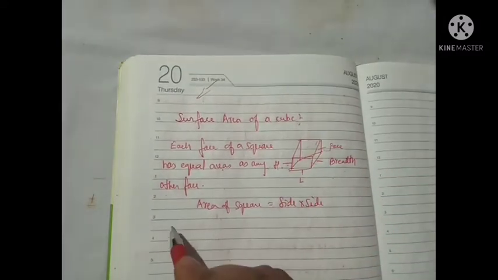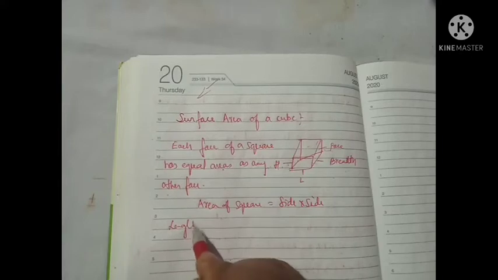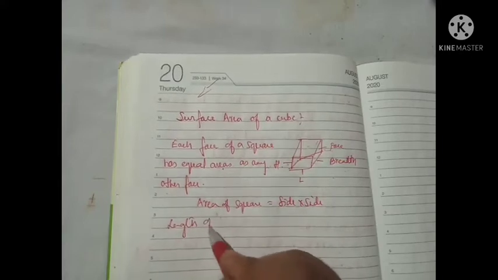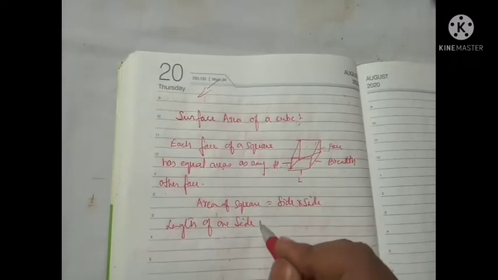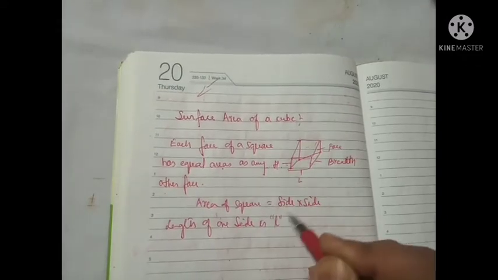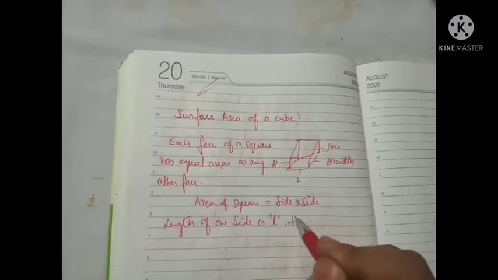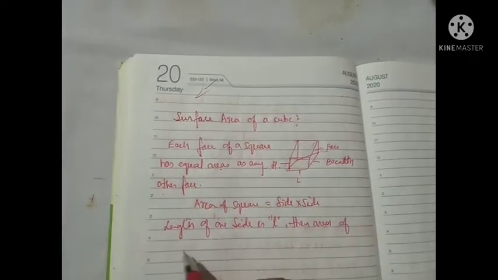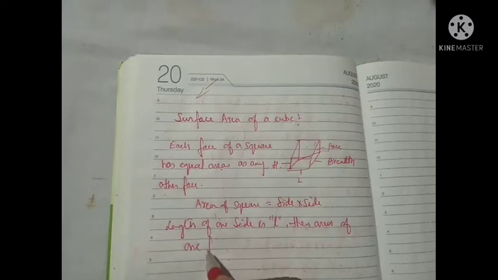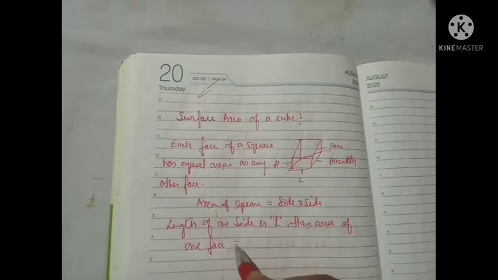So the length of one side, we can call it L. Then area of one face is equal to what?